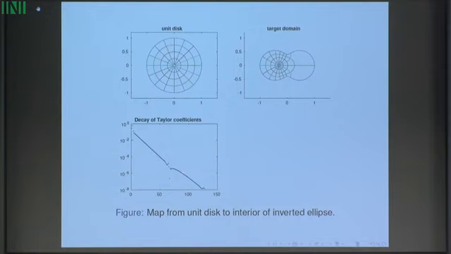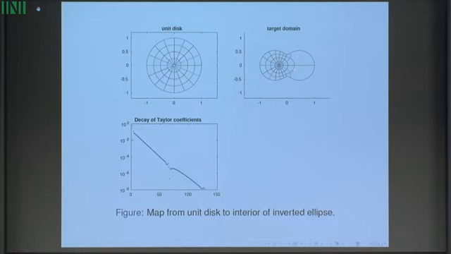I guess I used 128 points here. Usually it's 2 to the m points. So it looks like I got down to about 10 to the minus 8 accuracy in this case. And you can start to see the distortions in the map here.